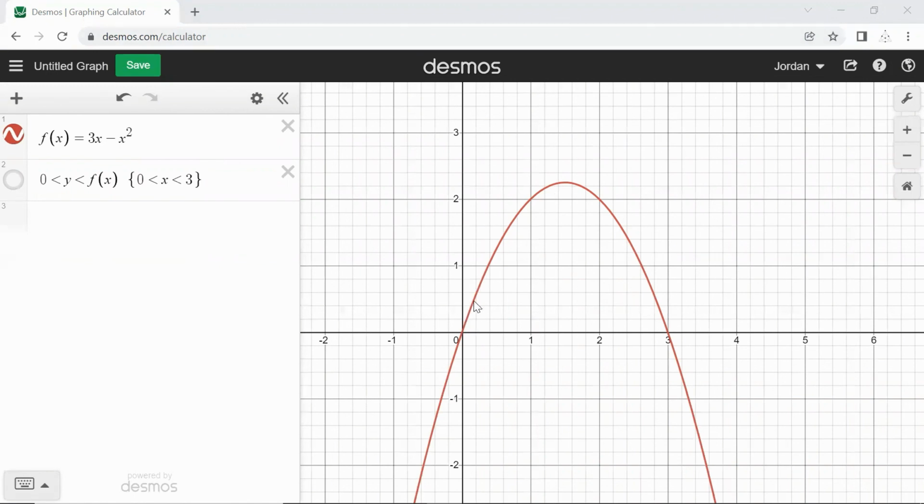If I tried to do this with rectangles, well, it's not going to be perfect, but I could approximate and get pretty close to 4.5 if I wanted to. With the fundamental theorem of calculus, I very quickly see that this signed area is exactly 4.5.